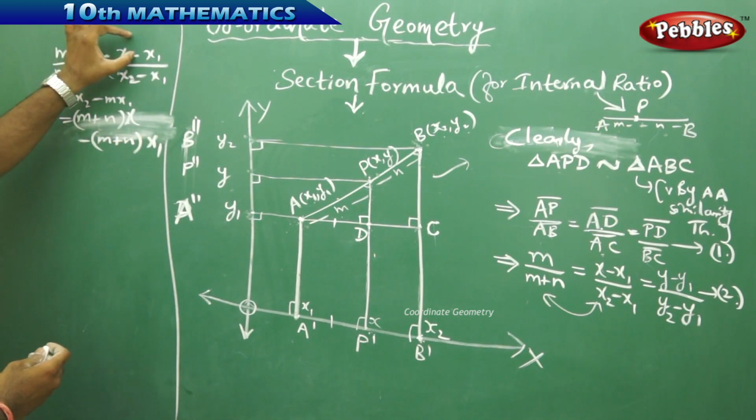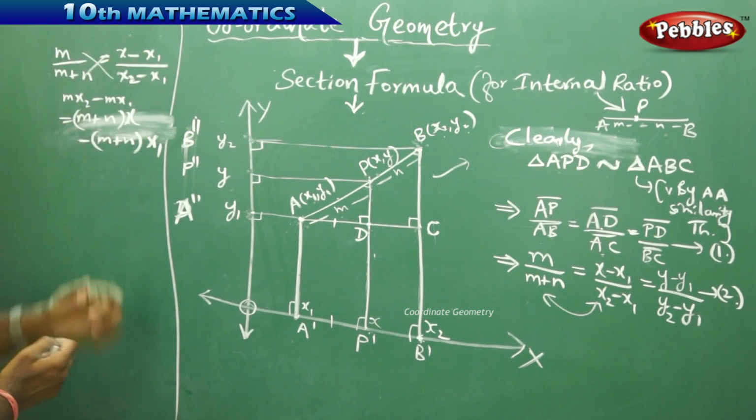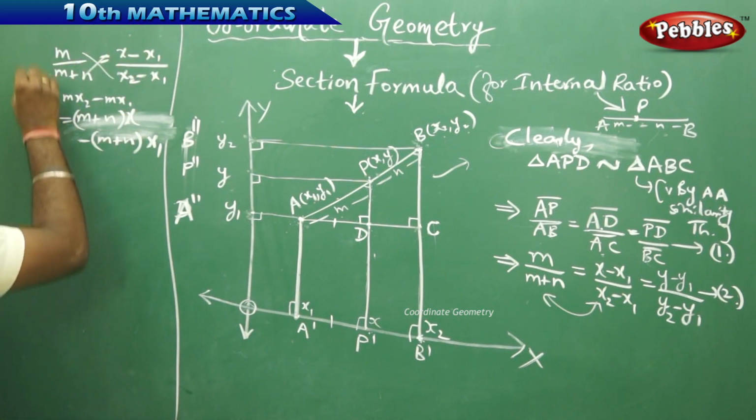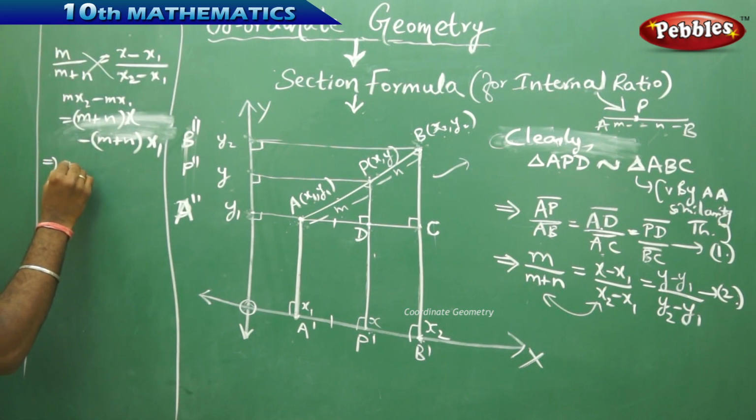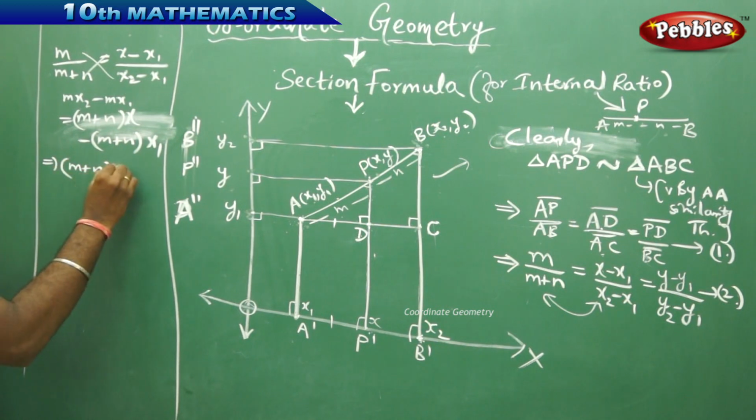So this multiplied with this minus this multiplied with this is what I get in the cross multiplication.